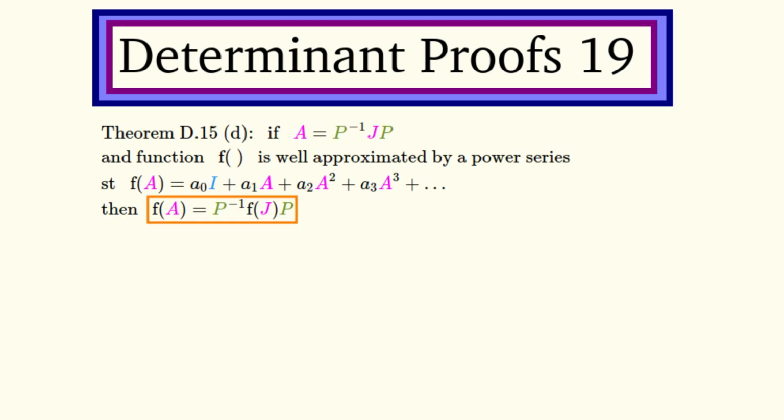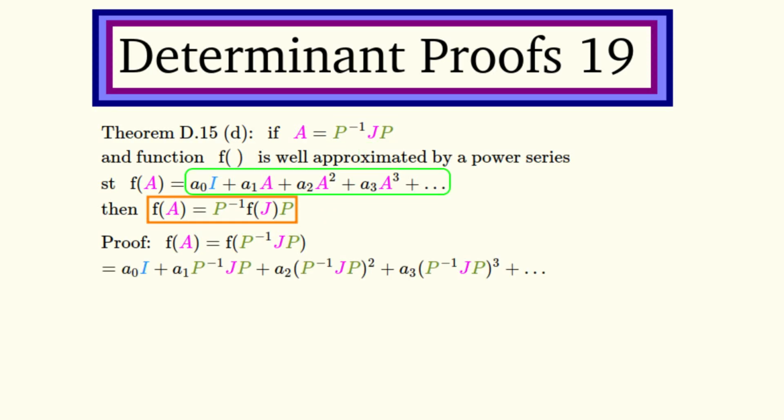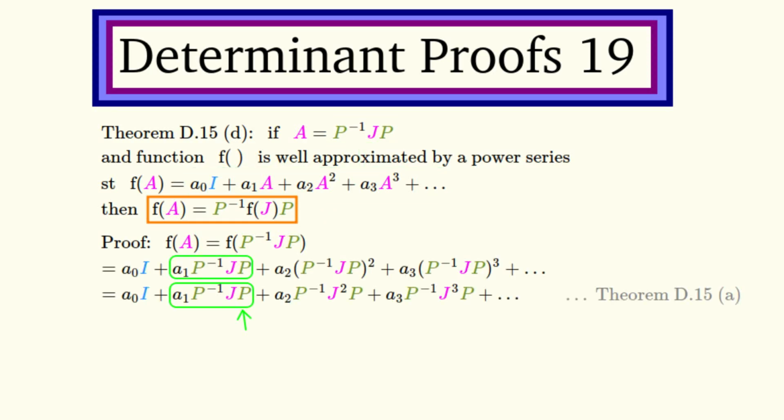Now to prove this statement for power series, that we can get this equation for A if the function f can be described well using a power series. So now to start this proof, we'll substitute this expression in for A, which will give us this power series. We can invoke part A of this theorem to manipulate this expression to be this.